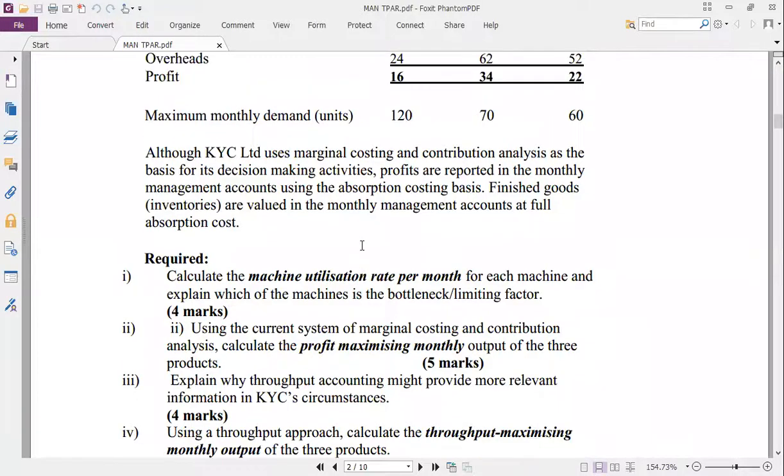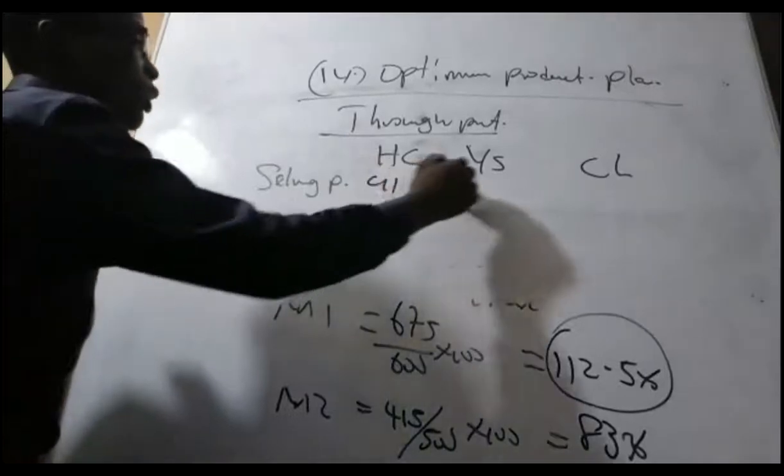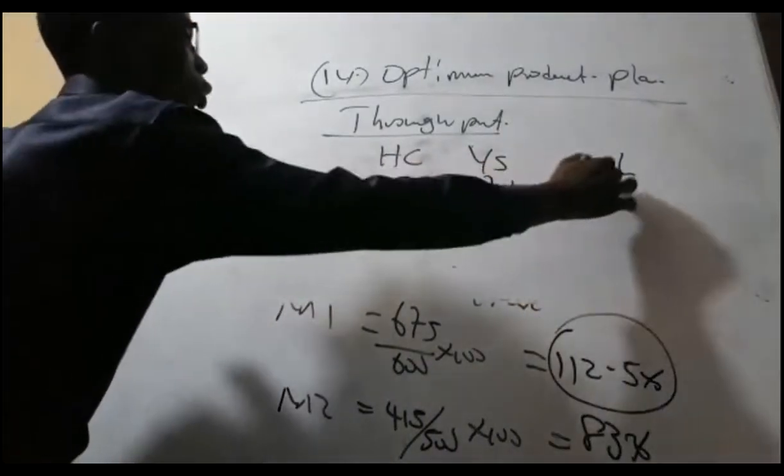So let's take note. Let's go up a little. So 91, 174, 140, right? Per unit. Ghana cedis, right? So 91, 174, and 140.